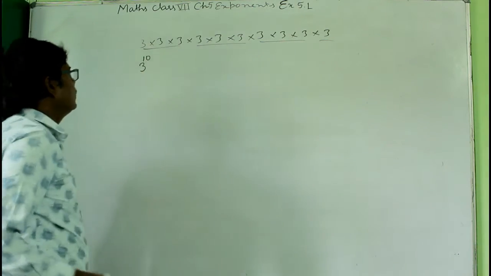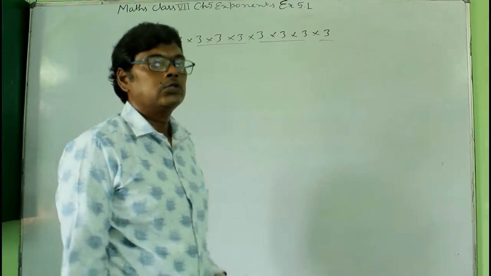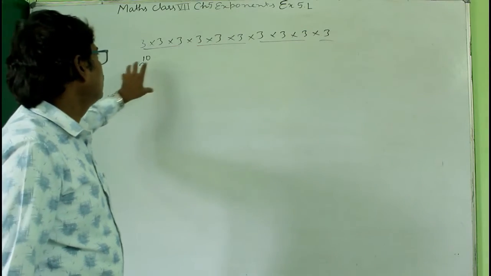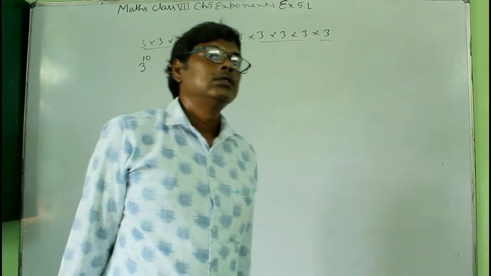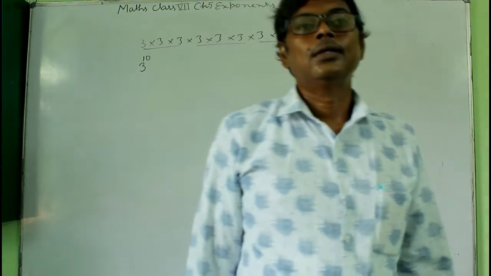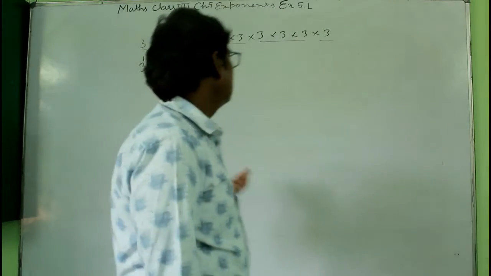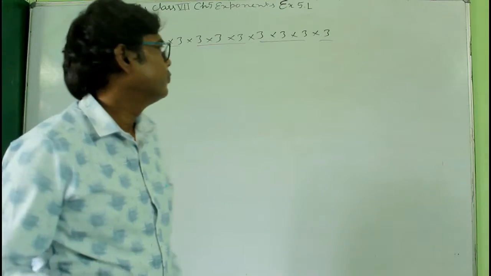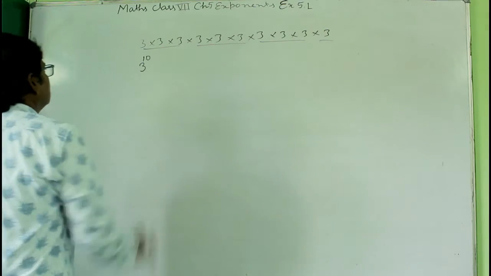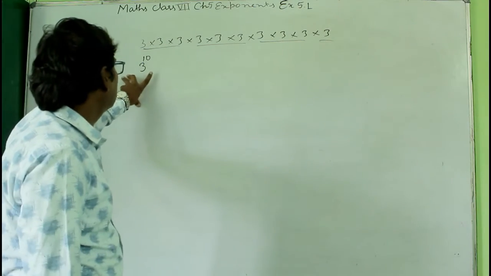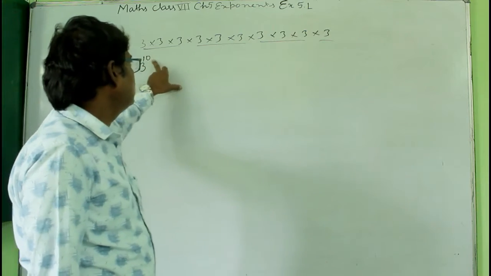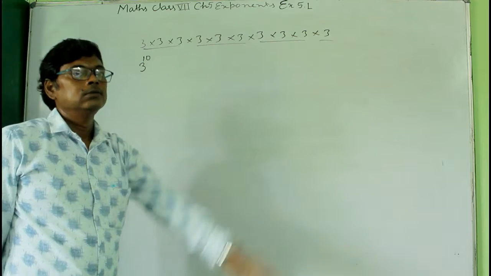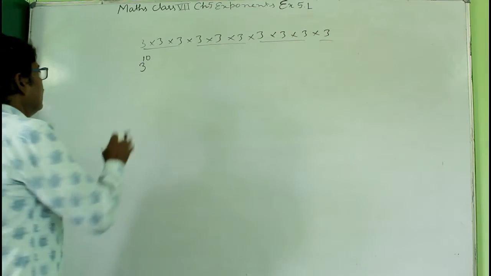When you write this, it is called the exponent form. Instead of writing all of this, we can write only this much. So it simplifies our work. This is the new way of writing the same thing. Here there are two numbers, 3 and 10. The 10 is written at the upper right part, and 3 is the base.